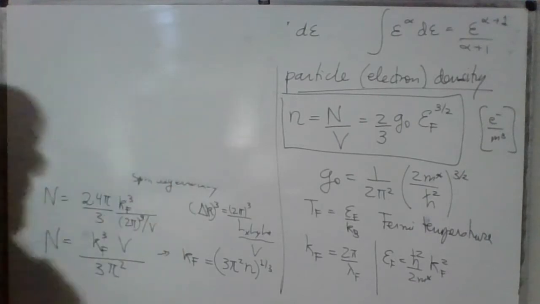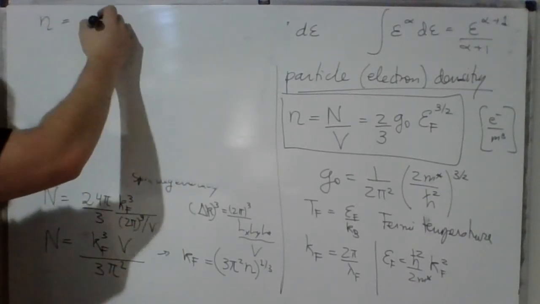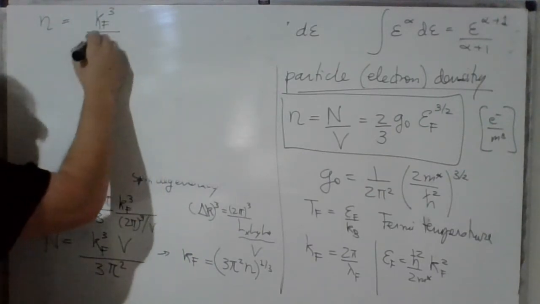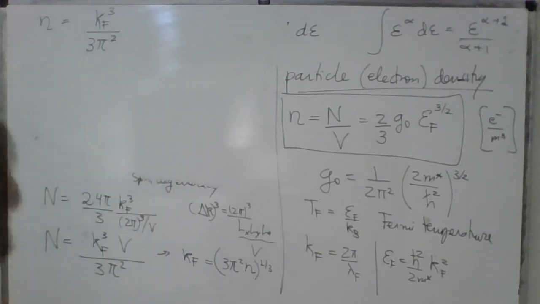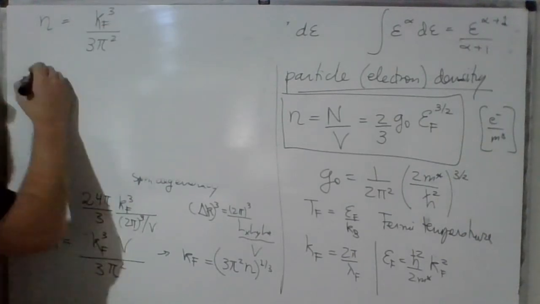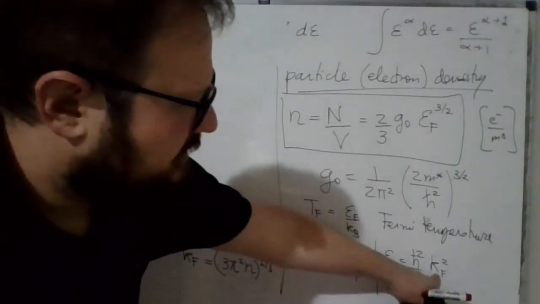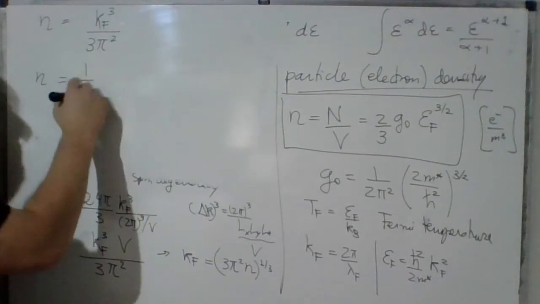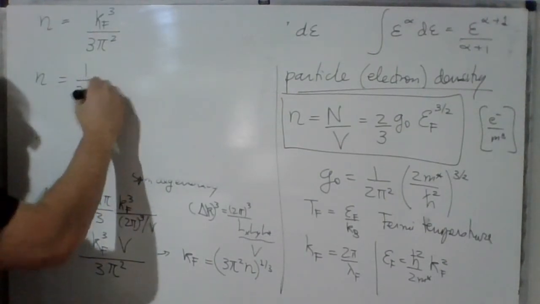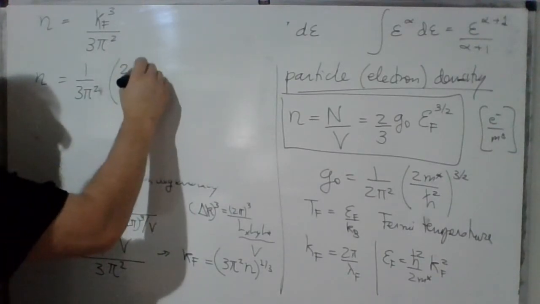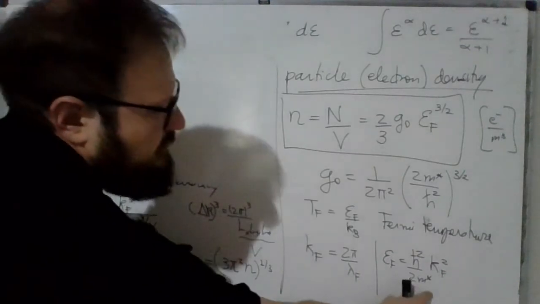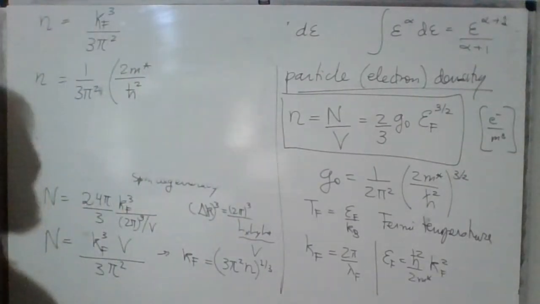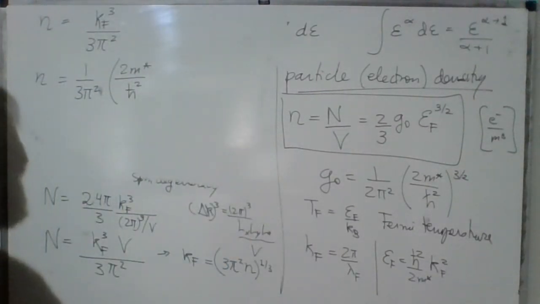Of course, you can relate the other way. You can write that N is equal to the Fermi wave number cubed divided by 3 pi squared. Now, if you insert the Fermi K, replacing it by the energy relation, you'll find 1 over 3 pi squared, times 2 times the effective mass divided by h bar squared. I am just taking the square root of this equation here to find the wave number at the Fermi level.